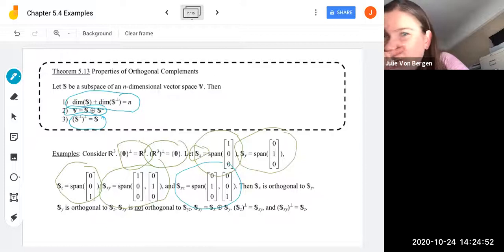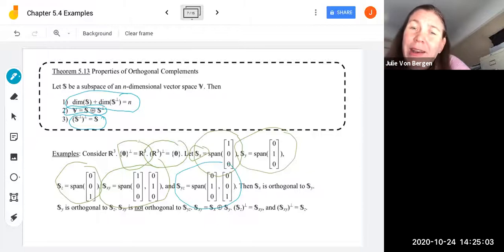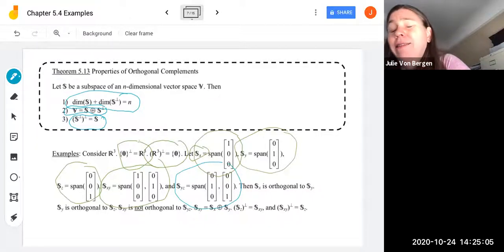And so S sub x is orthogonal to S sub y, and that makes sense because we know the x-axis is orthogonal to the y-axis. And S sub y is orthogonal to S sub z because we know the y-axis is orthogonal to the z-axis. But notice that S sub xy is not orthogonal to S sub yz, because we're thinking about the xy plane and the yz plane.